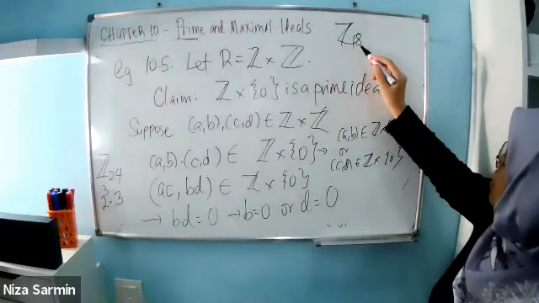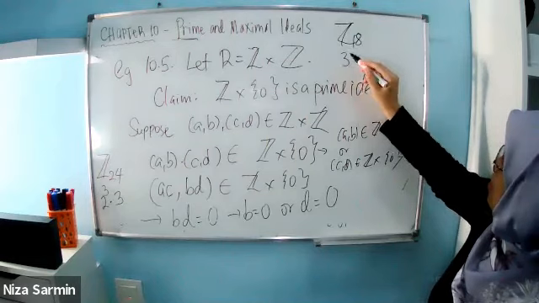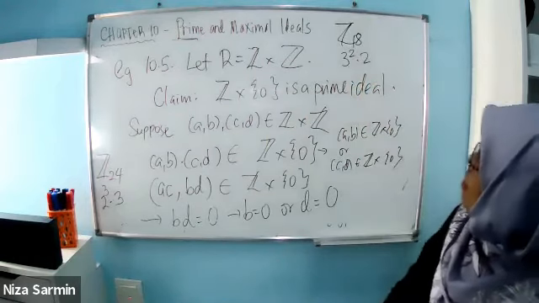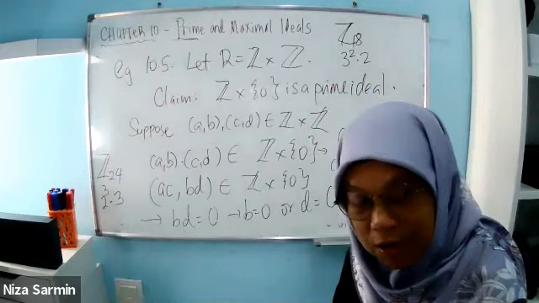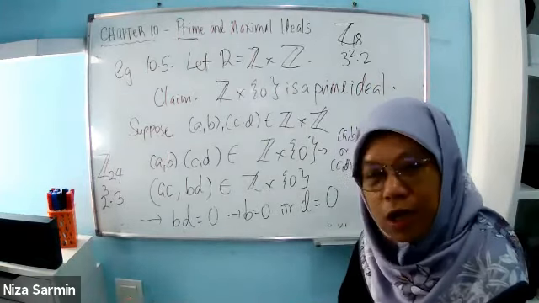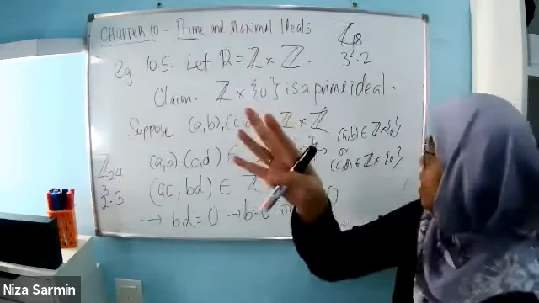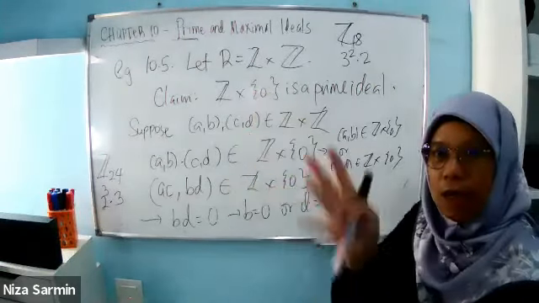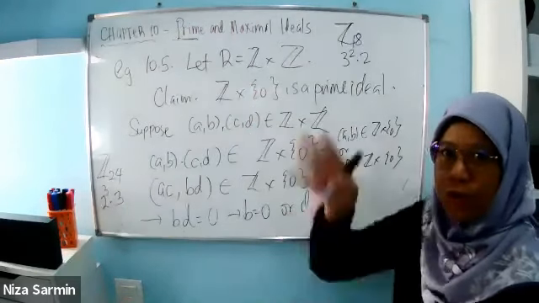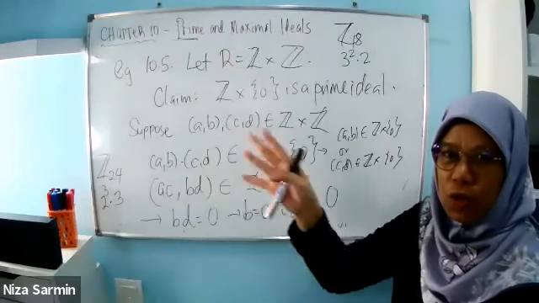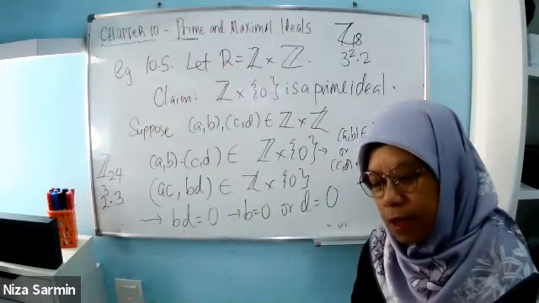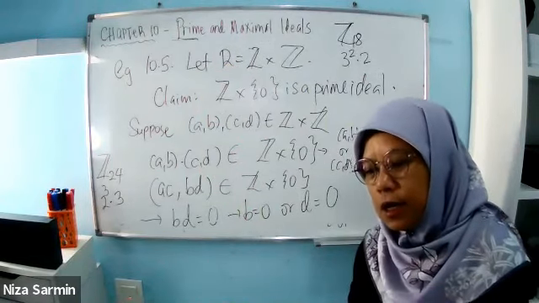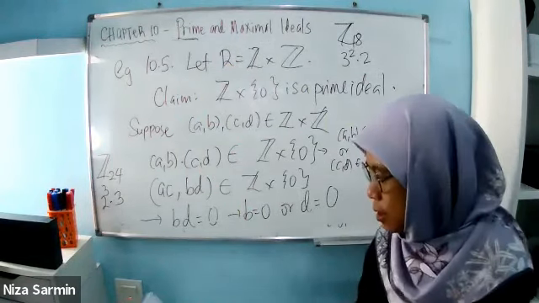So 18 is very, very similar to 12. So you can have the ideals again: 1, 3, 9, 0, 1, 2, 6, for that one. Okay, I think that's for chapter 10.